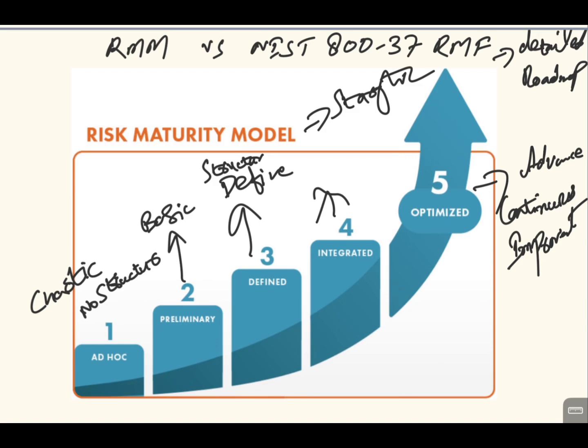This is how I have understood these two topics, risk maturity model and risk management framework. The problem is when you start preparing for the CISSP exam, with different topics, and you do not know the background or the concept of those topics, you always get confused.